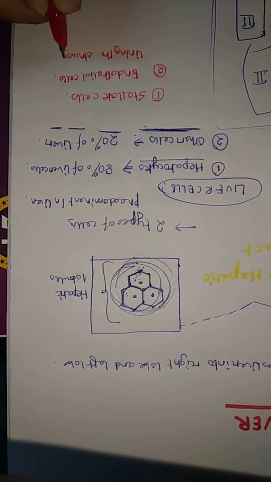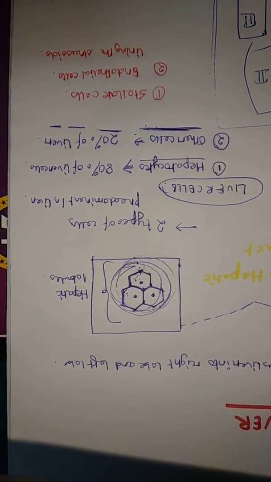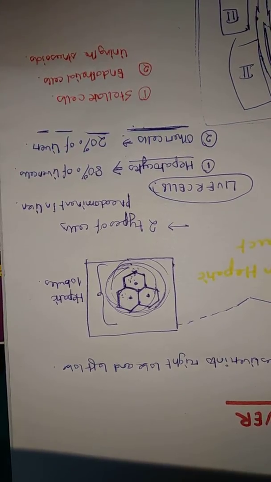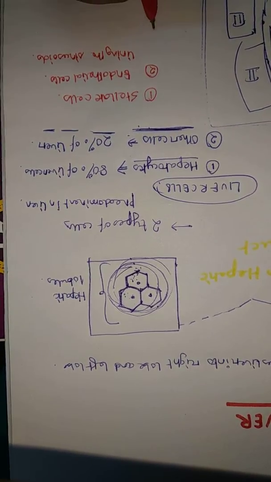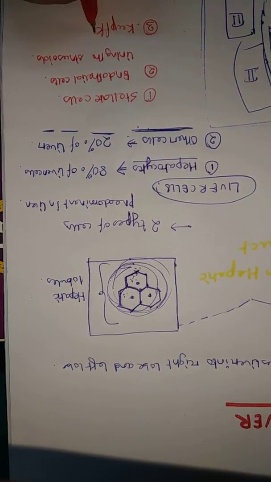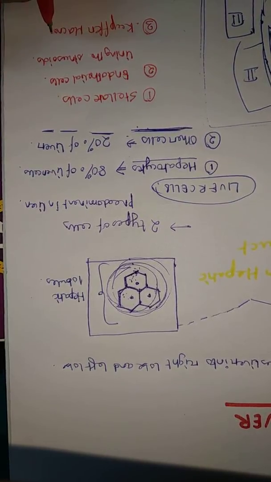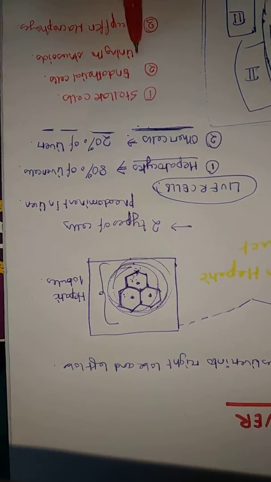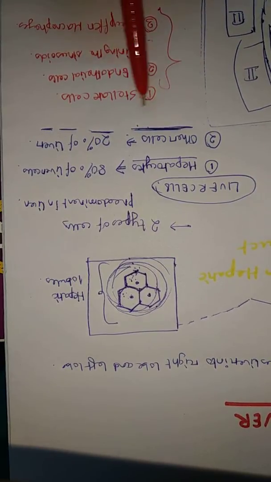We will discuss what sinusoids are and what stellate cells are. Now the third is Kupffer cells. Kupffer cells are macrophages. These comprise the 20% of other liver cells.